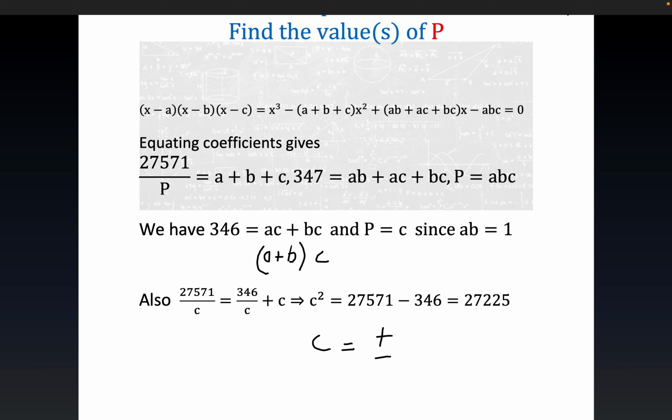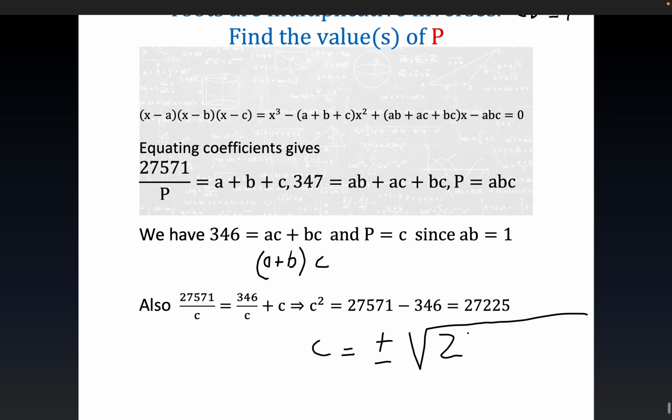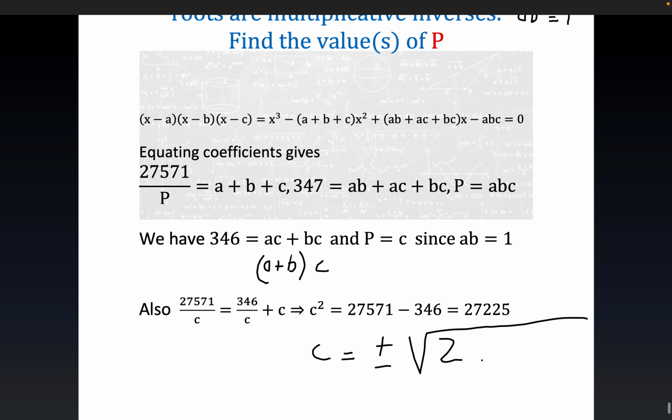And why is that important? C is equal to P, right? Because of the strong condition that two of the roots have product 1. So we have plus or minus the square root of 27,225, and with a little bit of inspiration and perspiration, you would get this is equal to 165.